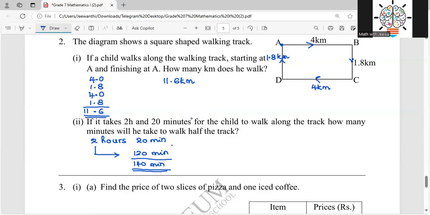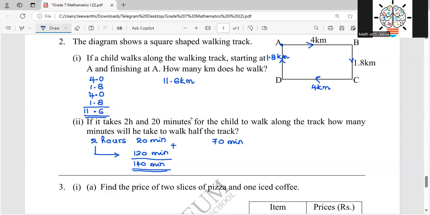So if it is at the half, definitely the time should be half, right? So then you can take 70 minutes, right? It is 70 minutes.